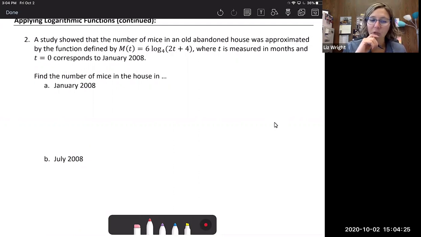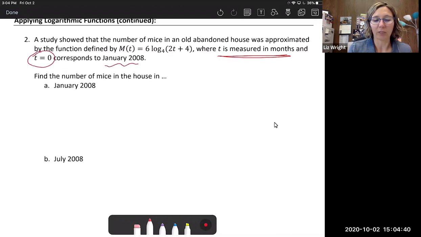It says a study showed that the number of mice in an old abandoned house was approximated by the function m(t) = 6 log base 4 of (2t + 4), where t is measured in months and t of 0 corresponds with January 2008. So here our first one says to find the number of mice in the house in January 2008.